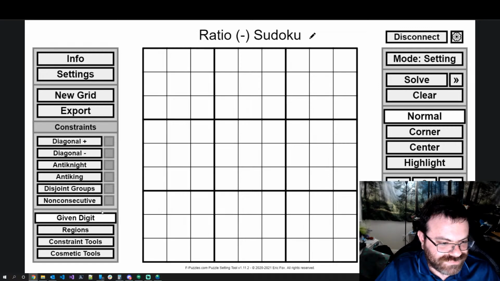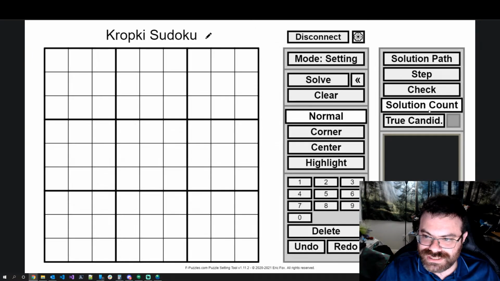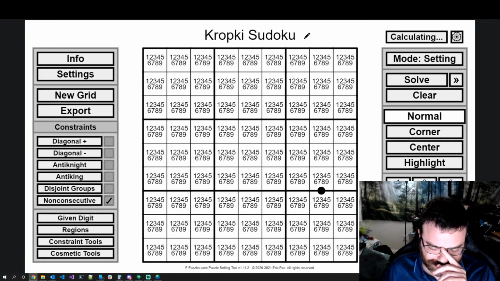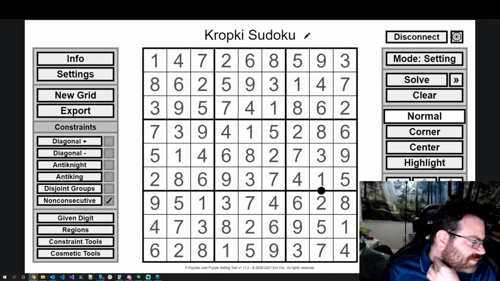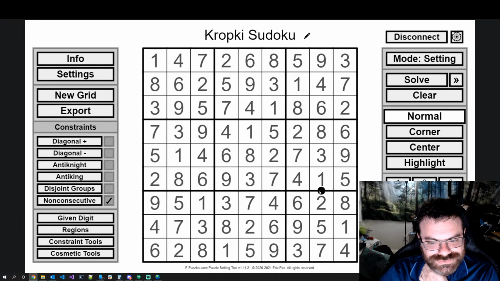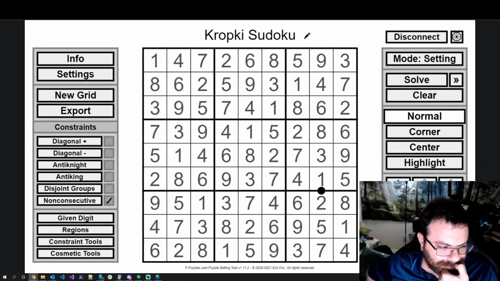If I turn on the negative constraint for crop key, and then I turn on my true candidates here, and I think it's right here. So dotless crop key, except all dots given crop key with one black dot here has a unique solution.